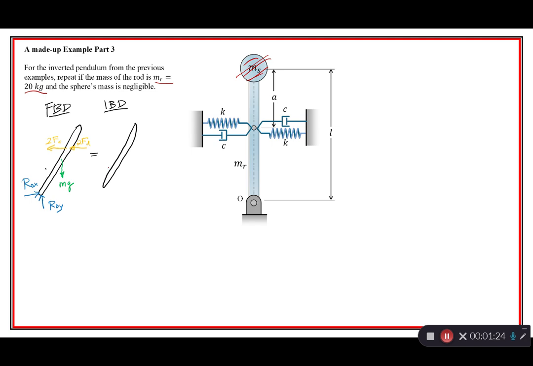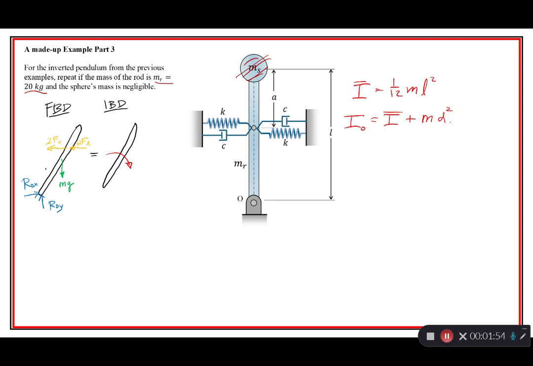Oh, okay. So something we want to do here. I'm sorry. Before we go any further, we know that the I about the bar is 1/12 ml squared. That's the moment of inertia about the center. But now if we want to go to IO, the parallel axis theorem is M, and I usually use d squared.